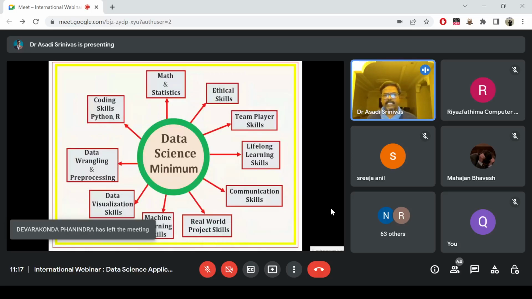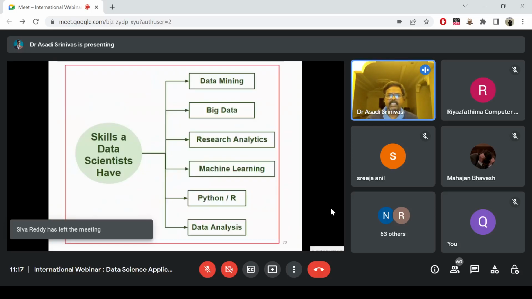And for data science, the minimum knowledge you require: math and science, ethical skills, team player skills, lifelong learning skills, communication skills, real world project skills, machine learning skills, data visualization skills, data wrangling and pre-processing skills, coding skills, Python or JavaScript, Java, etc. So, skills a data scientist must have: data mining.